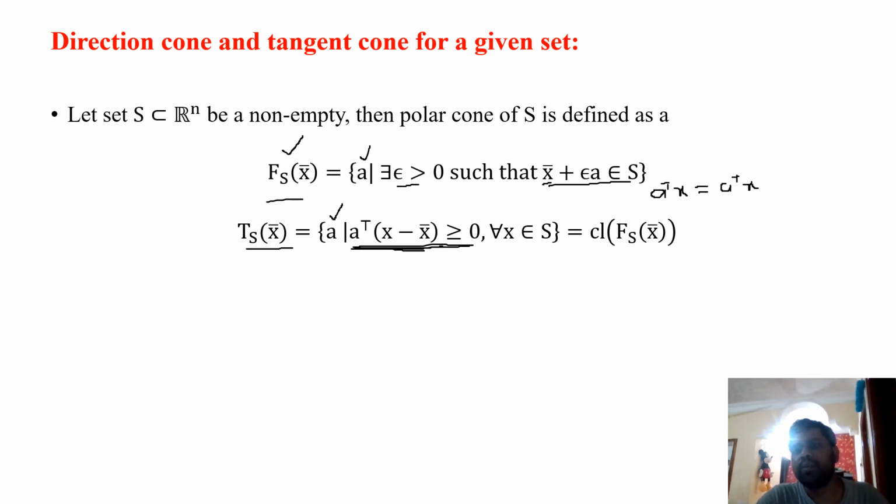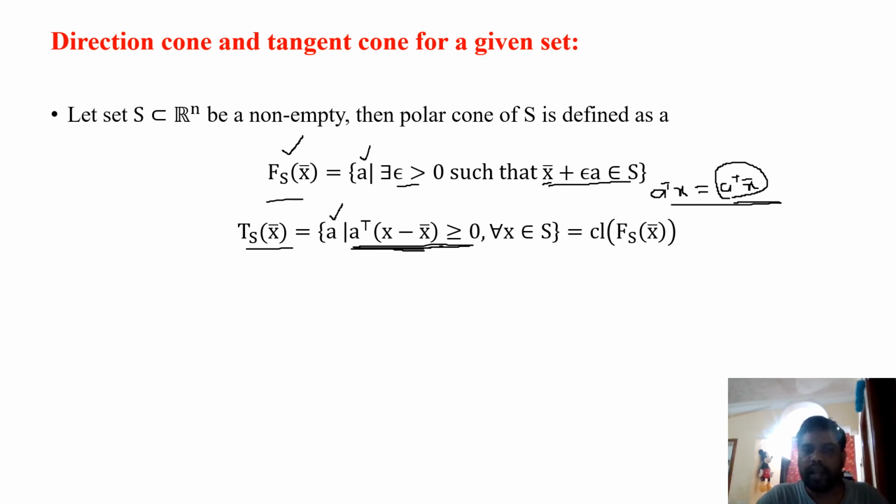Remember that x bar is the boundary point of the given set. So the bias here is not a very general kind of bias. It is a very specific bias defined in terms of the boundary point x bar. That is why the corresponding separating hyperplane we call a supporting hyperplane.